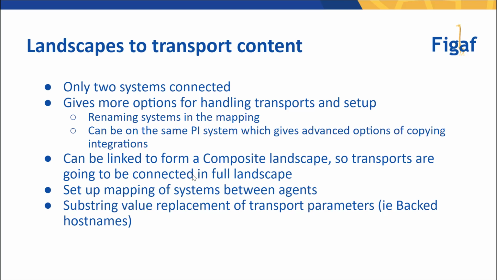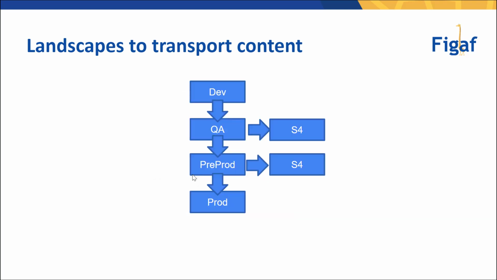And you have the option to set up replacement of host names, so backend host names that you know would always be different between the different systems. So we just create a list of these changes, add them to the transport, and then each time you transport, you don't need to remember what is the ERP host that we need to connect to here.